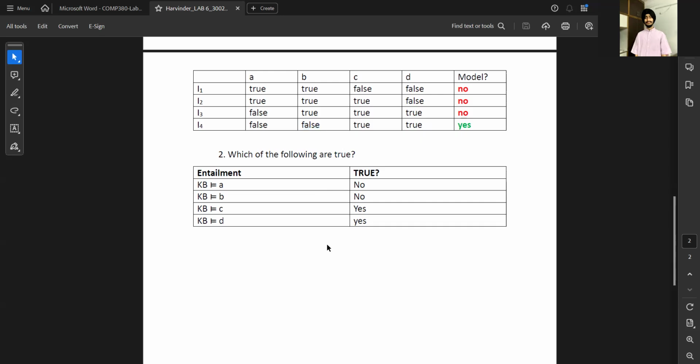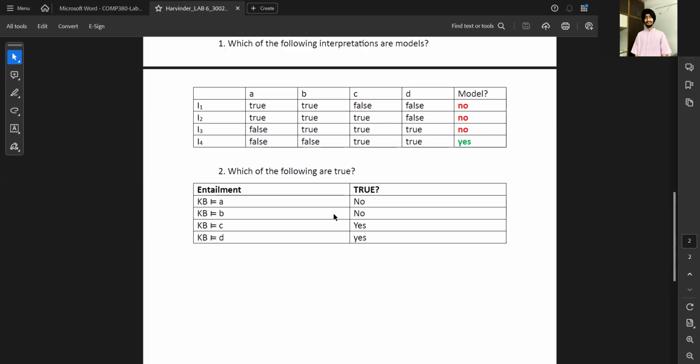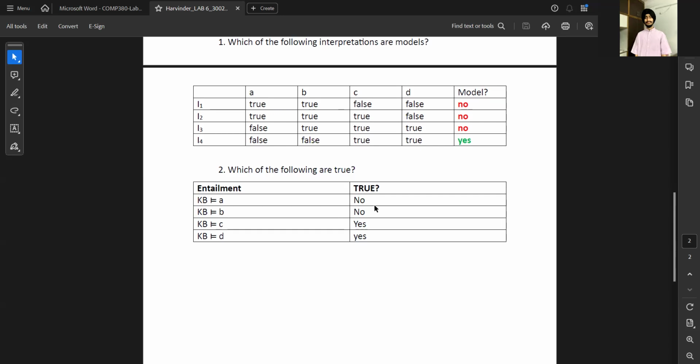Let's move to which of the following are true. For the first case, KB entails A? A depends on B as per our knowledge base. So it's not true because B can be false in some models, like interpretation 4.